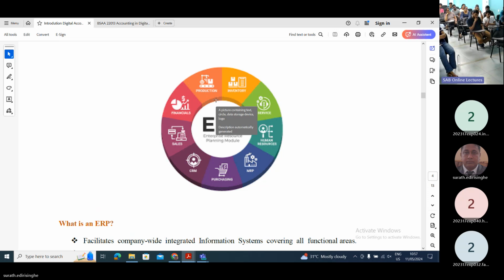Accounting people use their accounting information, marketing people use their sales information, production people use their production detail, completing their tasks in the many different divisions and departments through a central database.